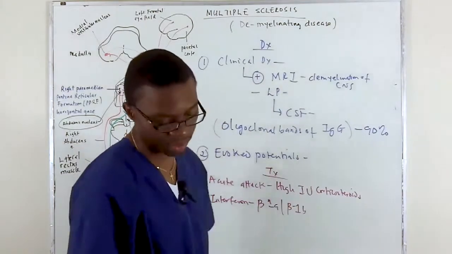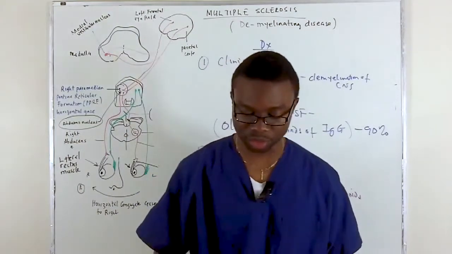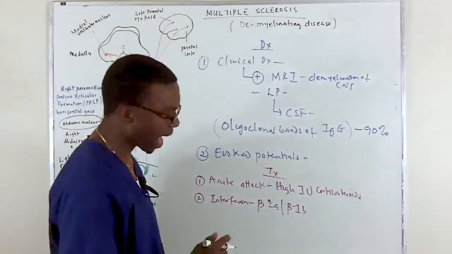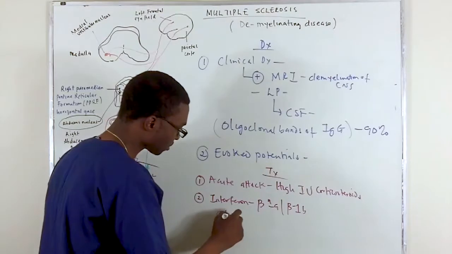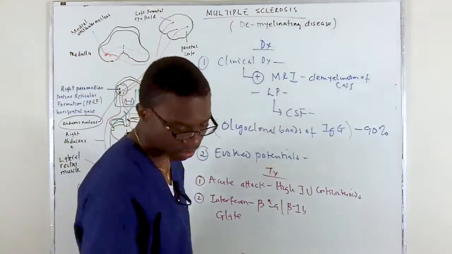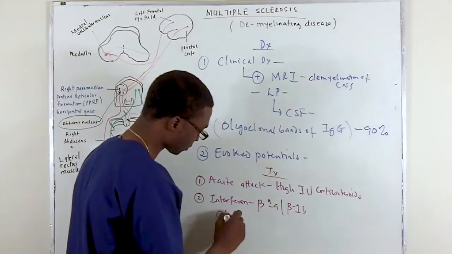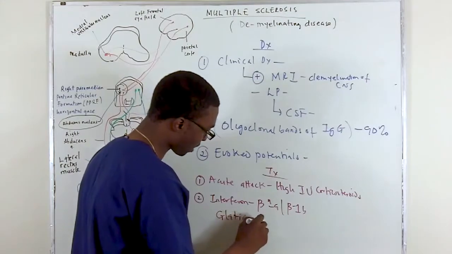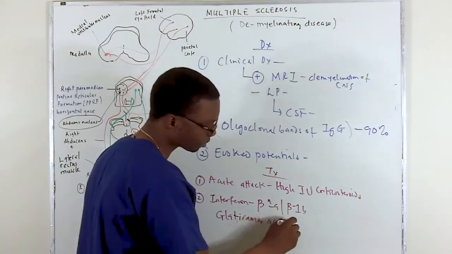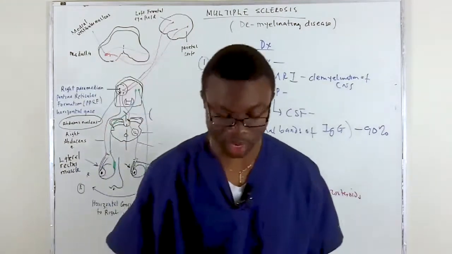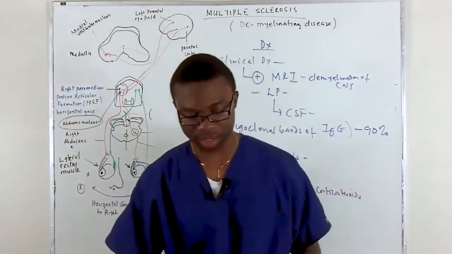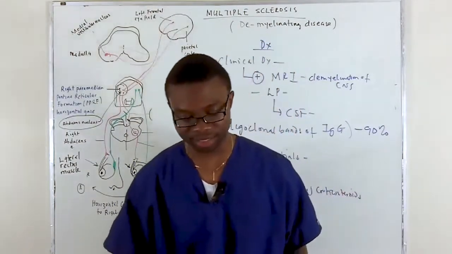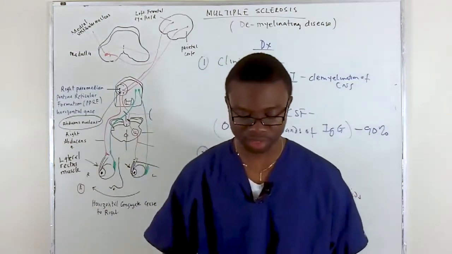Those are the two interferon agents we use. And you can also use glatiramer acetate, which is a drug of choice to help reduce the relapse rate of patients that have multiple sclerosis.